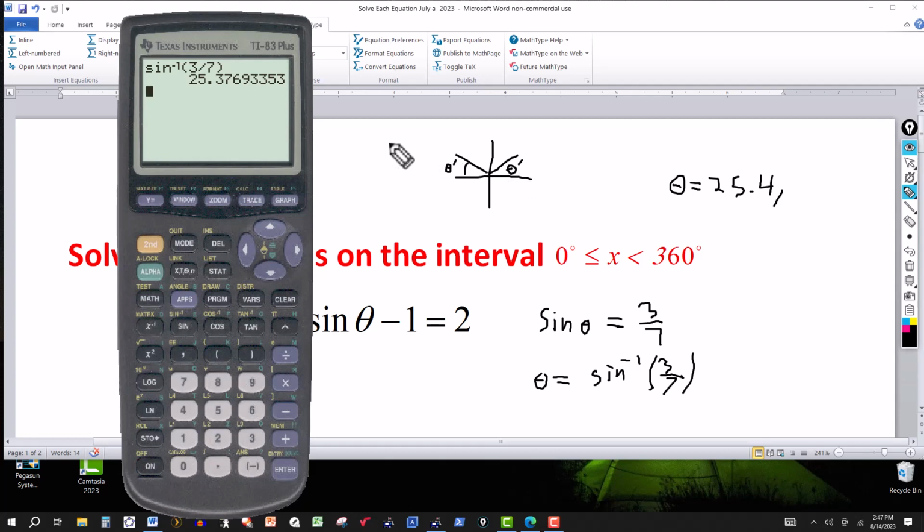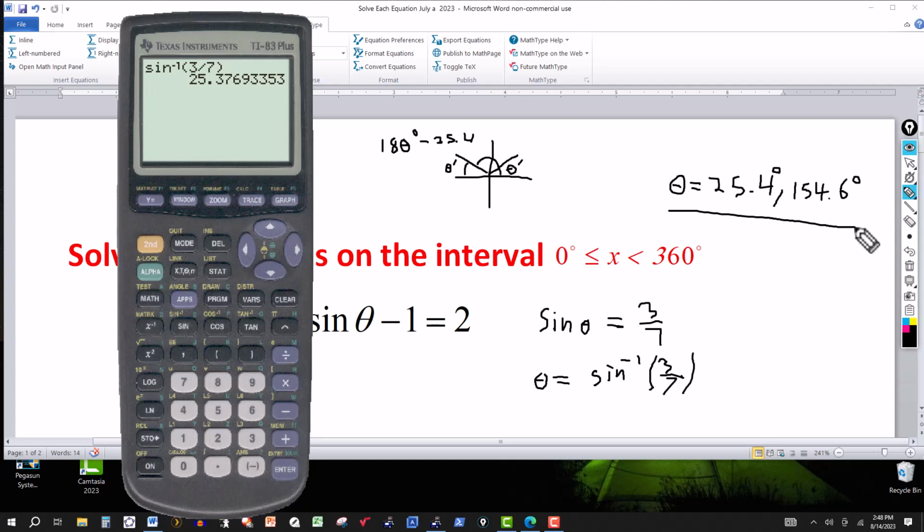The other solution will be this angle here, which is 180 minus 25.4. If you do that subtraction and round it off to 1 decimal point, we get another solution of 154.6. And these are in degrees. So the solutions in this case are 25.4 degrees and 154.6 degrees.